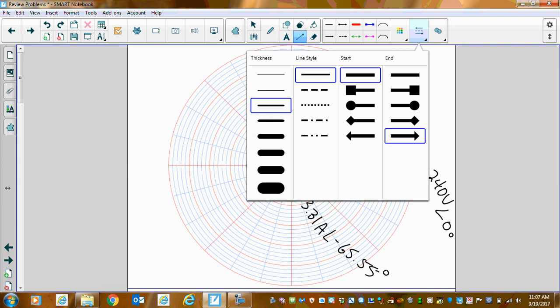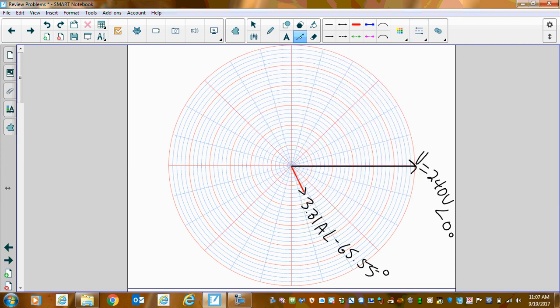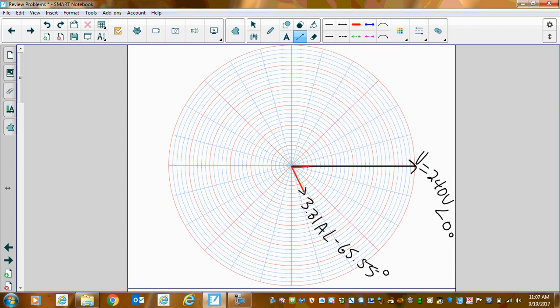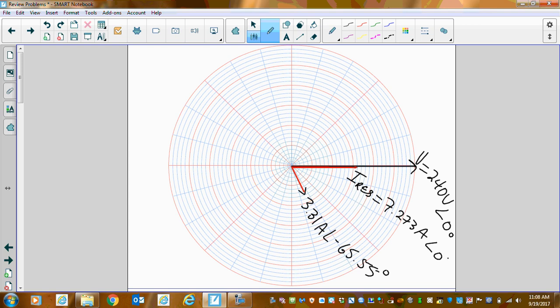And we want to make sure that N is this guy. So we're going to put him right there. He's going to be a little longer, about there. And that is I resistor, 7.273 amps at 0 degrees.